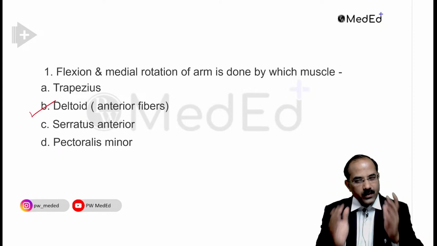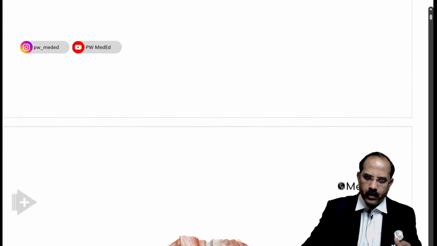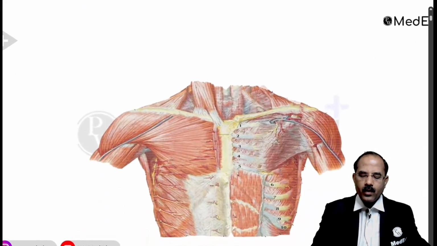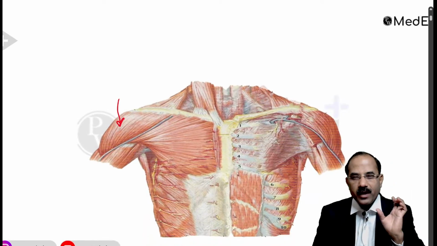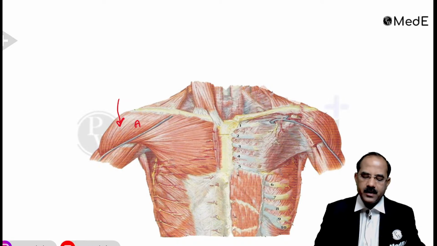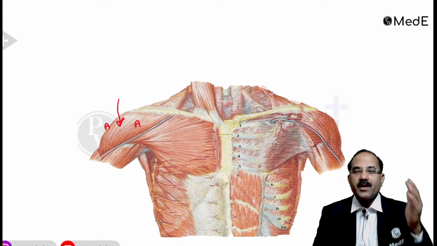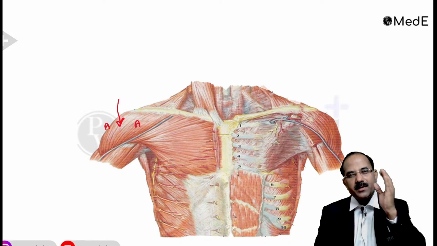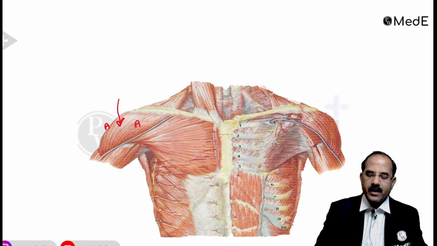Whereas students, deltoid has got three types of fibers. Come on, let us discuss. Whatever you know, you tell me. This is the deltoid. There are three types of fibers. These are the anterior fibers, the acromial fibers, and the one behind are the posterior fibers. What is the action of anterior fibers of deltoid?